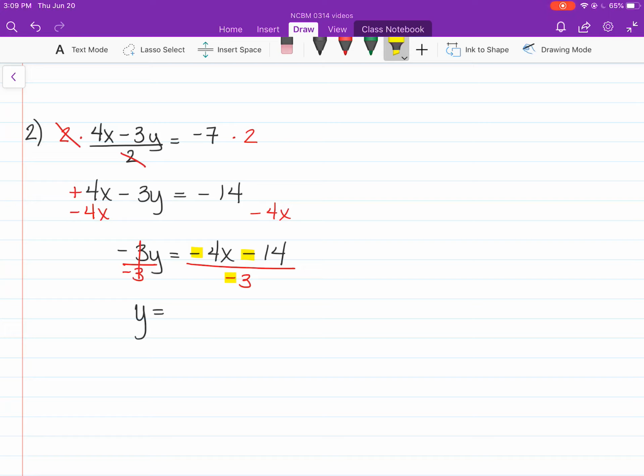So because all 3 of these numbers are negative, we can go ahead and change everybody's sign to a positive, since 2 negatives when we are multiplying or dividing creates a positive number. It's not necessary that you do this, it just makes it a little easier to work with later on. So this would end up being 4x plus 14, all divided by 3.